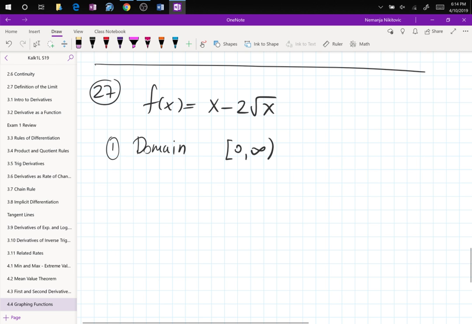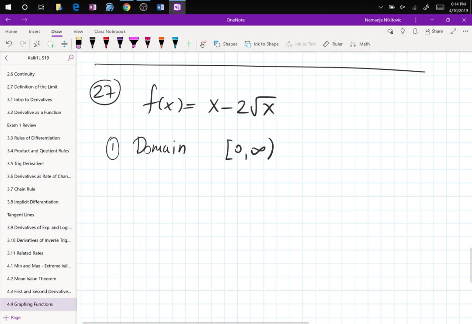So the domain is going to be 0 included, because square root of 0 is 0, so that's all cool. And then we go all the way to positive infinity. Now, when we start partitioning for our first and second derivative tests, we start at 0 to positive infinity. There is no reason for us to check any of the negative numbers.